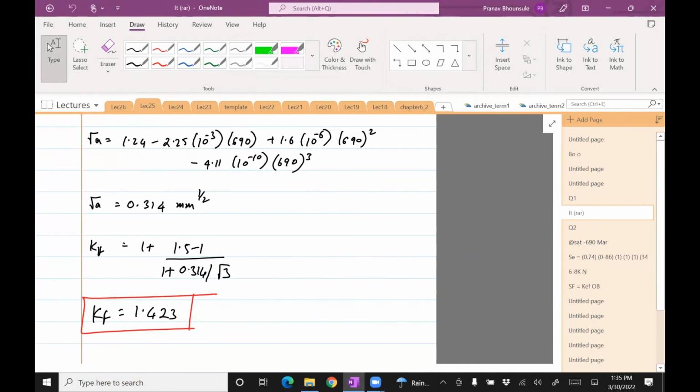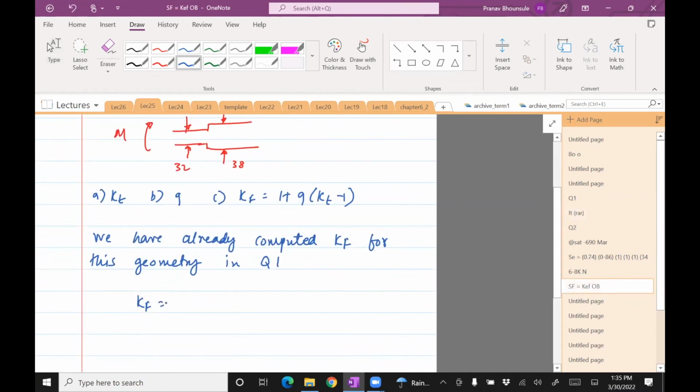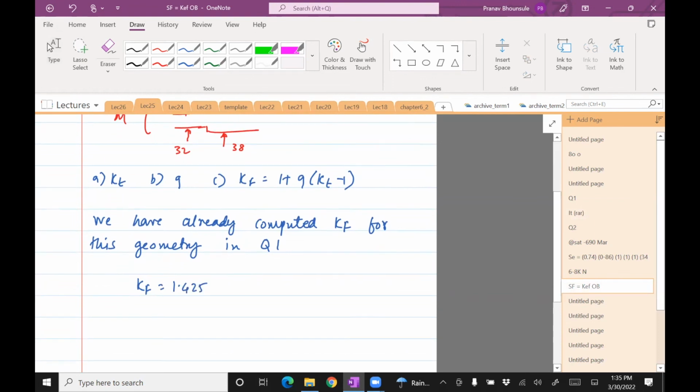Let's just use 1.425. Okay, so we've got that.